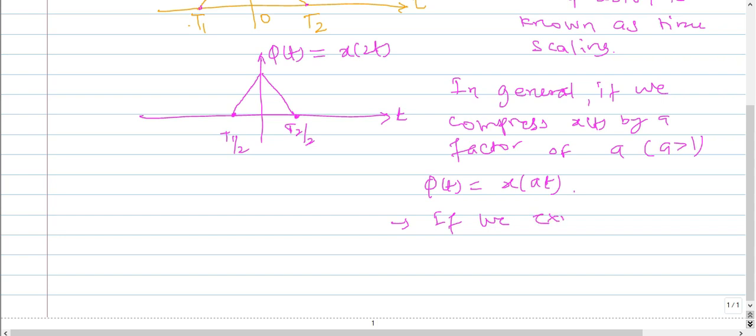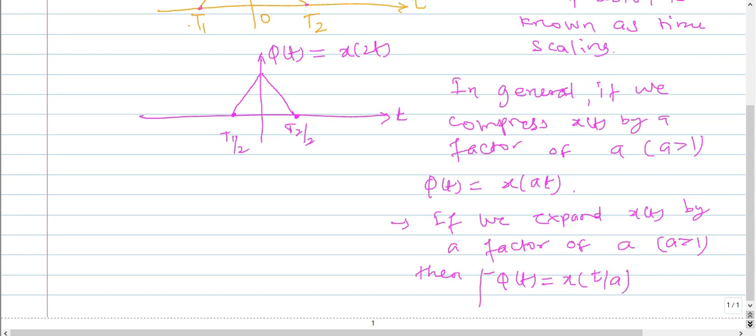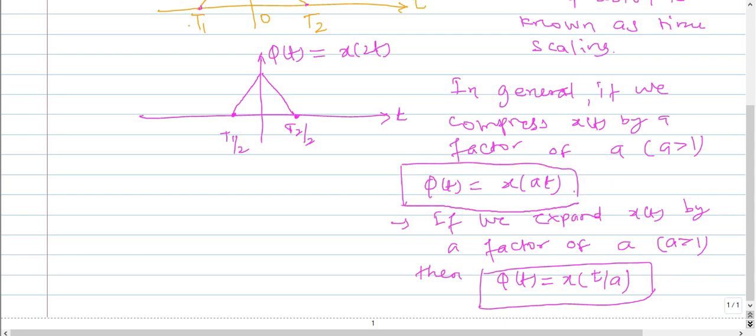If we expand x of t by a factor of a, where a is greater than 1, then the expanded signal phi of t will be x of t by a. So this is the expanded signal by a factor of a, and this was the compressed signal. Both expansion and compression are known as time scaling.